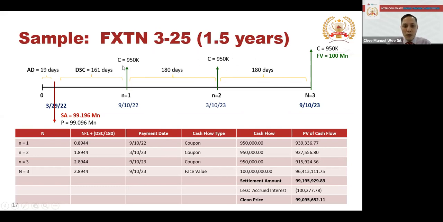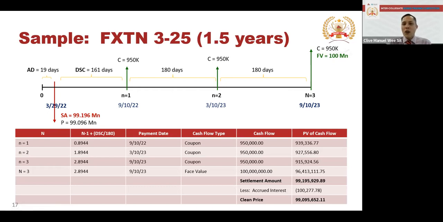We will receive 950,000 on September 10, 950,000 on March 10, and 950,000 on the terminal cash flow date or the maturity date. We also know that upon maturity of the FXTN or any bond, we will also receive face value. So the terminal cash flow is the 100 million face value as well as the 950,000 final coupon.